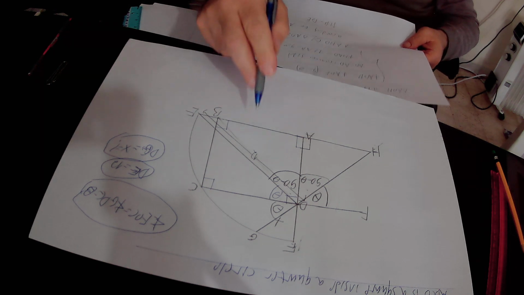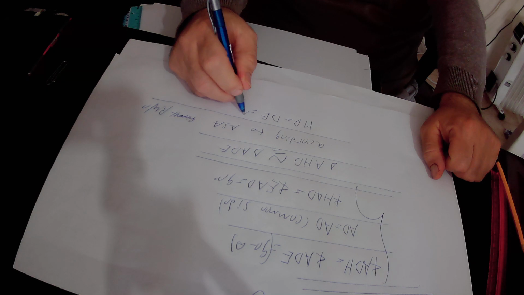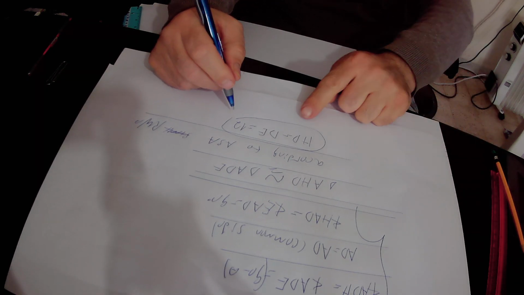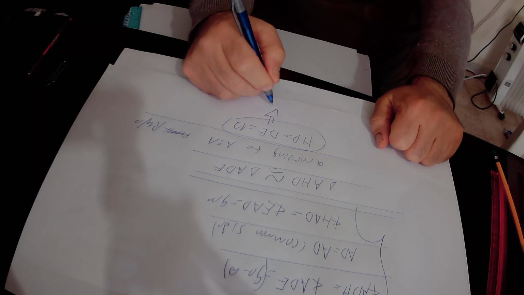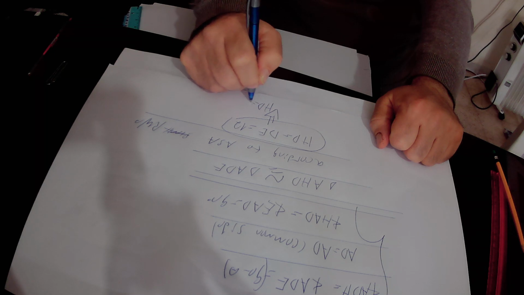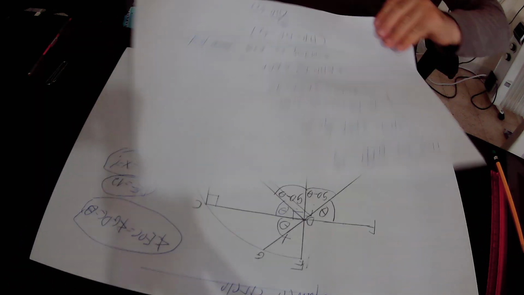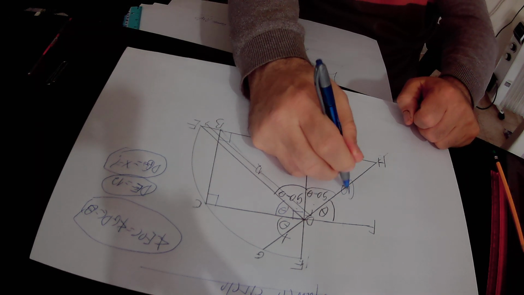But DE equals 12 units according to what is given in the question, so we can write down that DE equals 12, and from the equation HD equals DE, we derive that HD is also equal to 12 units in length. So this side HD also equals 12 units in length.